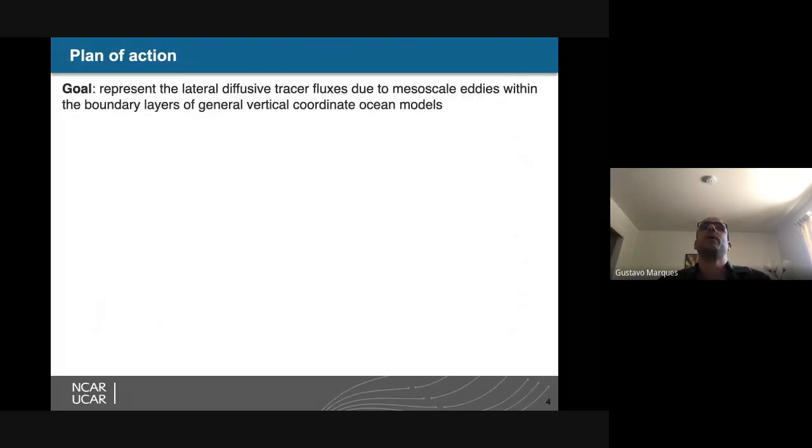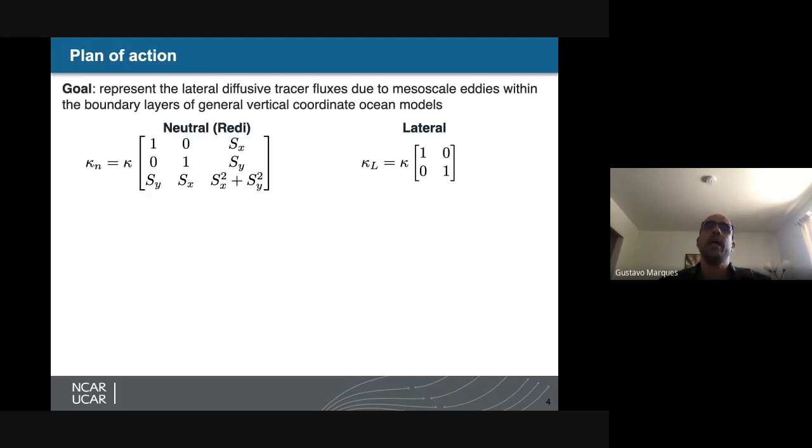Our goal is to represent the lateral diffusion of tracer fluxes due to mesoscale eddies within the boundary layers of general vertical coordinate models. On the left is the Redi operator. In Z coordinate models, that's how neutral diffusion is normally done.